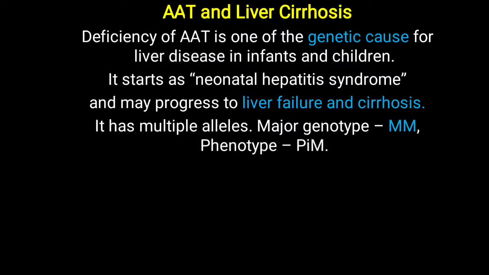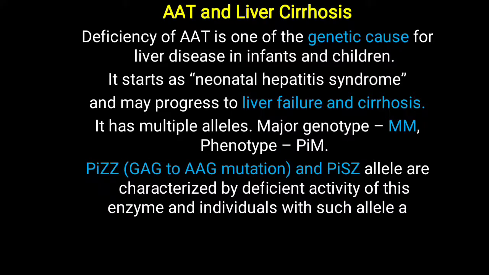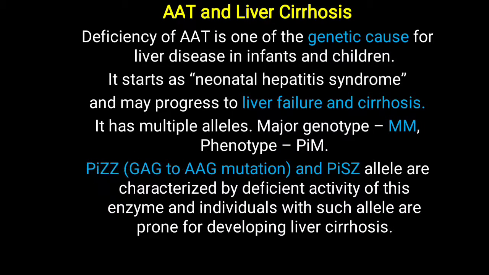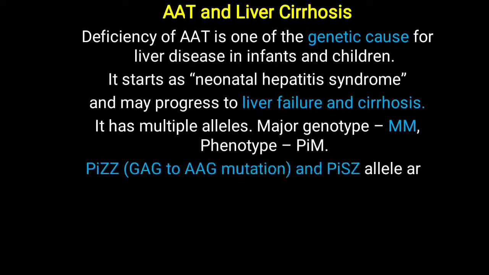It has multiple alleles. Basically, the alpha-1 antitrypsin gene, present on the long arm of chromosome 14, is represented by multiple alleles, and the main, commonly found allele is the MM variety, and the commonly observed phenotype is PiM. But sometimes in a person the PiZZ type of allele is seen, and it is due to mutation of the GAG genetic code to AAG.